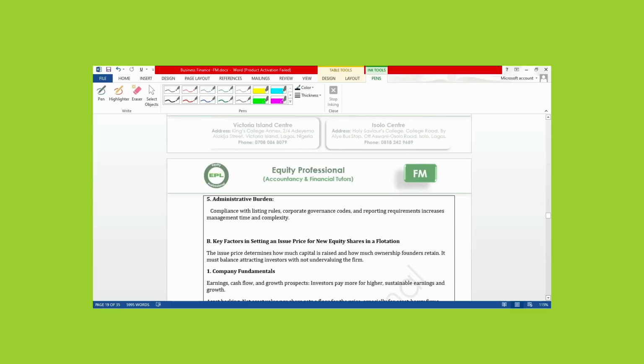In a flotation means that the company is a private company, is floating shares to the public.